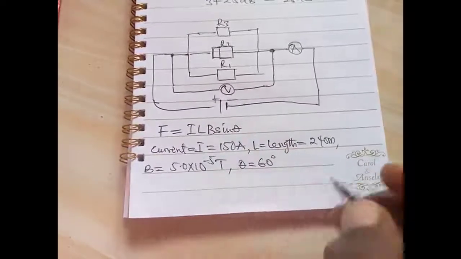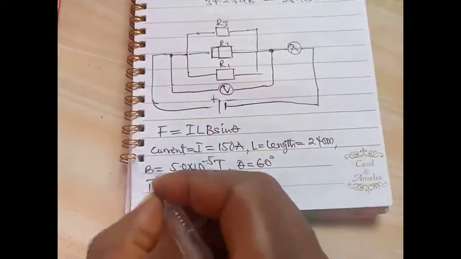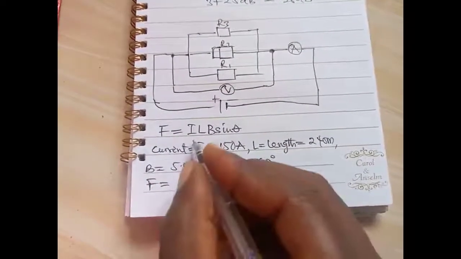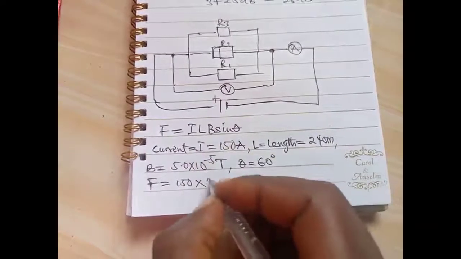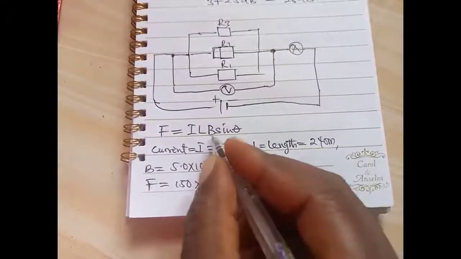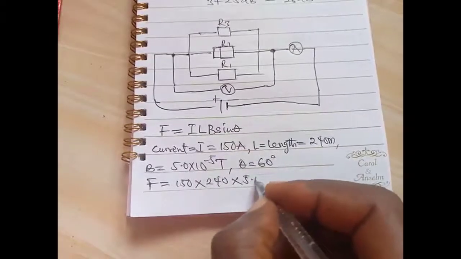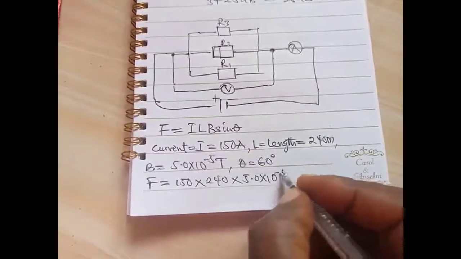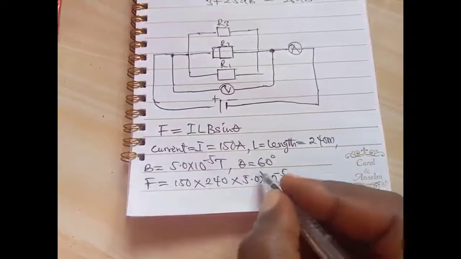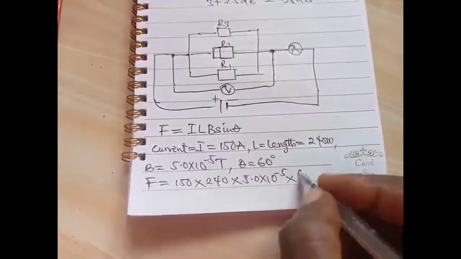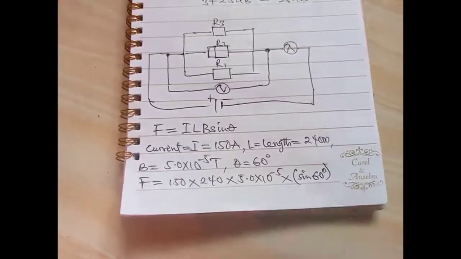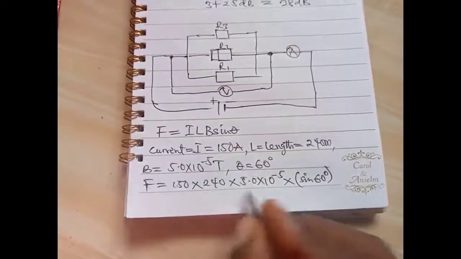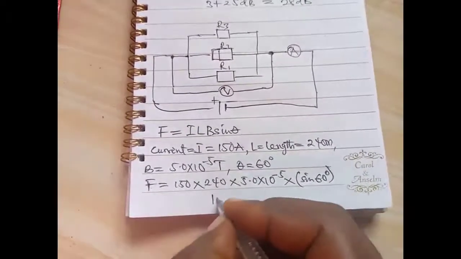So if we want to calculate F, I 150 times L 240 times B 5.0 times 10 raised to the power minus 5 times the angle, which is sine 60 degrees. So if we calculate this area, we're going to get 1.8.